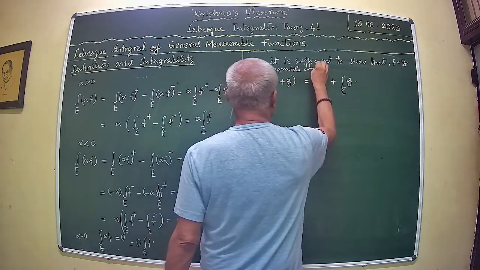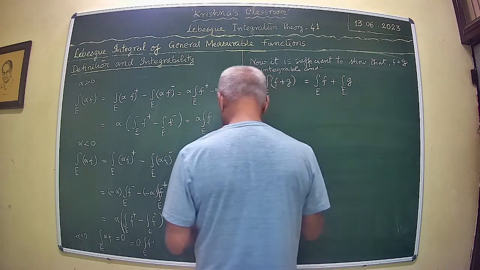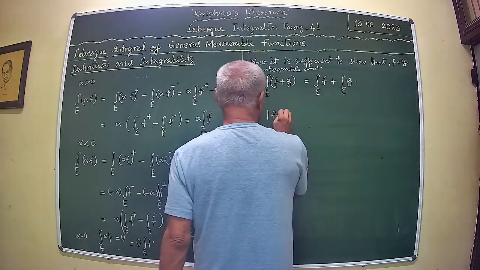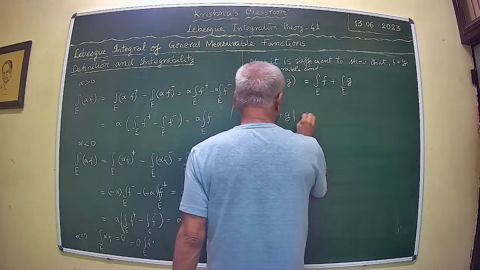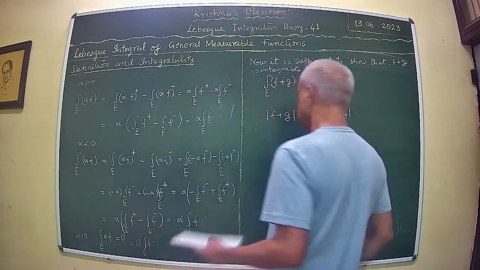And now you see that this is what you get: mod f plus g is at most mod f plus mod g.